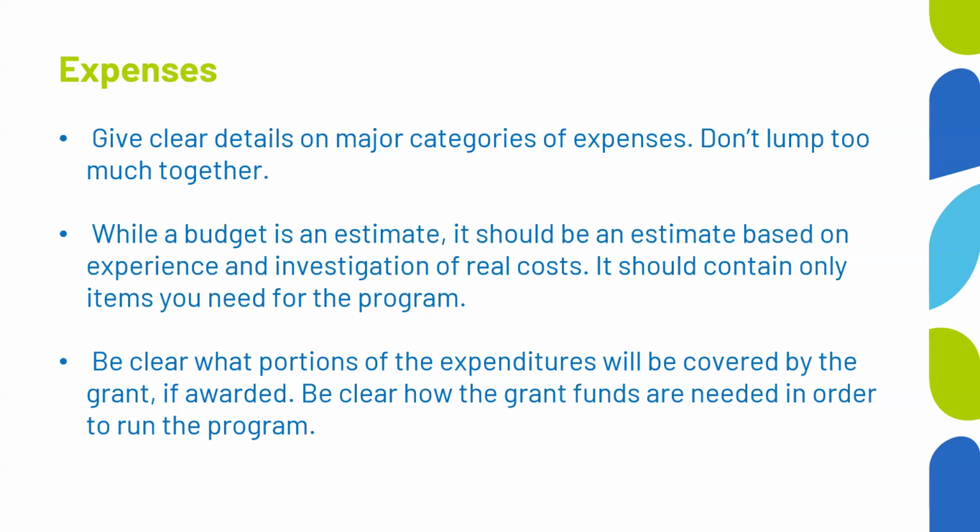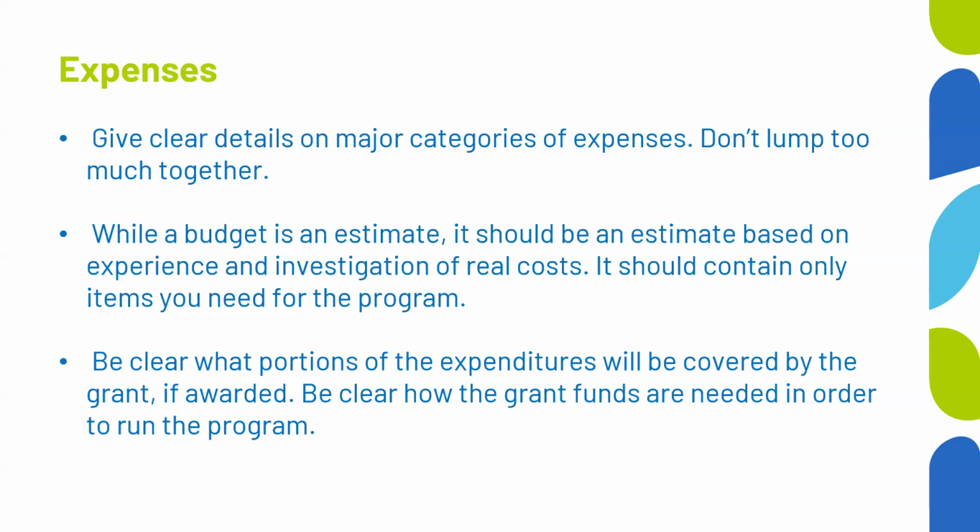Okay. We don't care how many paper clips you're going to use. That's not important. But how much will go toward administration support? How much will go toward transportation? These are important aspects of how you're going to deliver on your project. If you're able to, be clear what portions of the expenditures are covered by the grant if we award it.